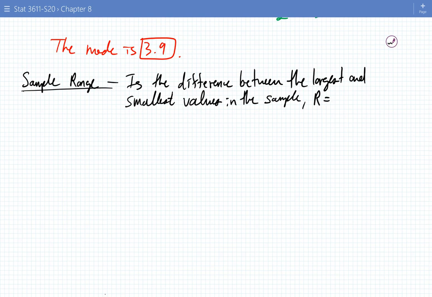The book tends to use the letter capital R, and it says this is equal to x sub max minus x sub min, where x max is the largest value and x min is the smallest.